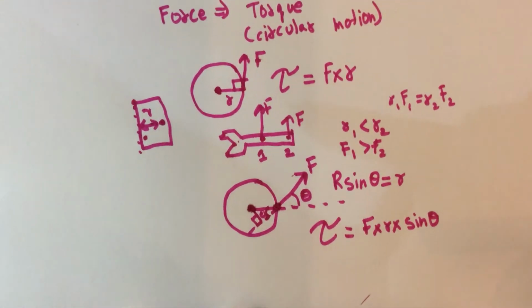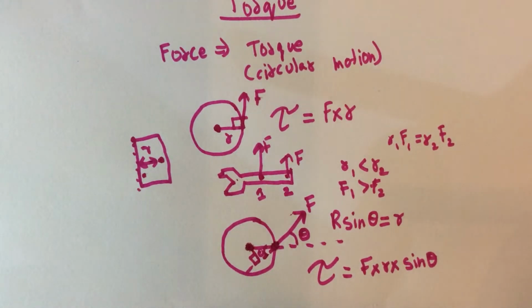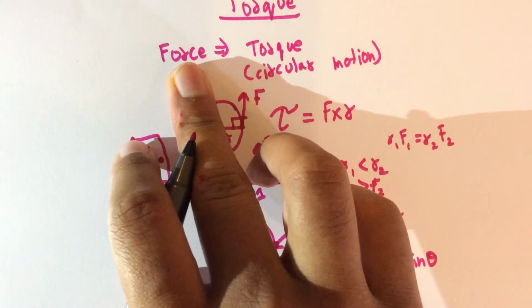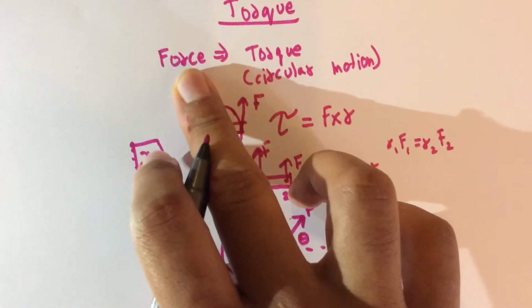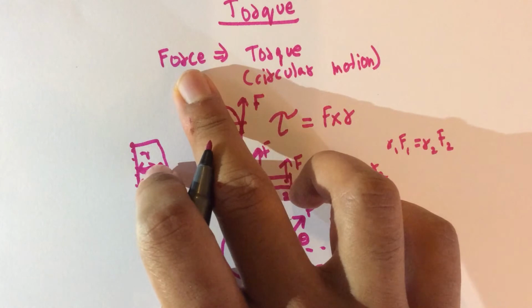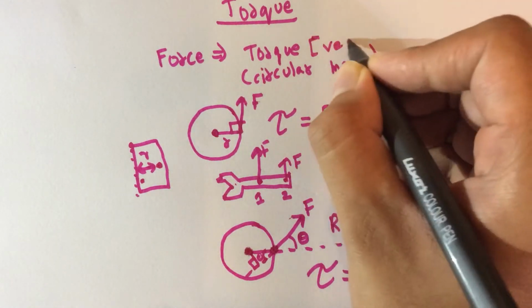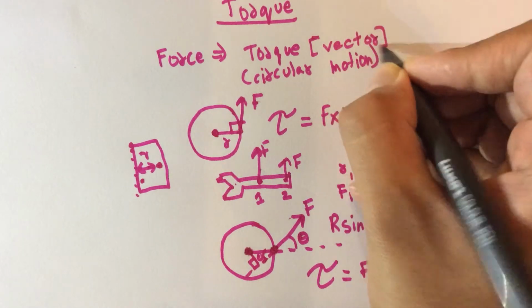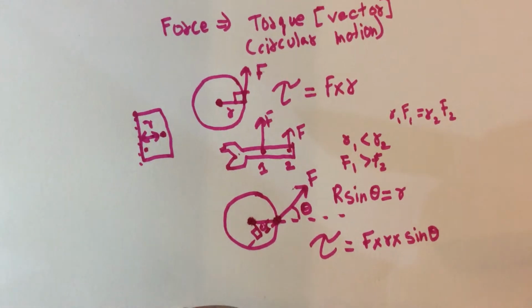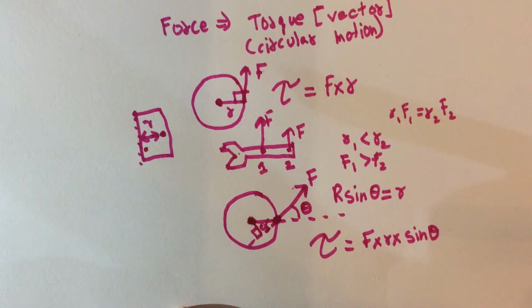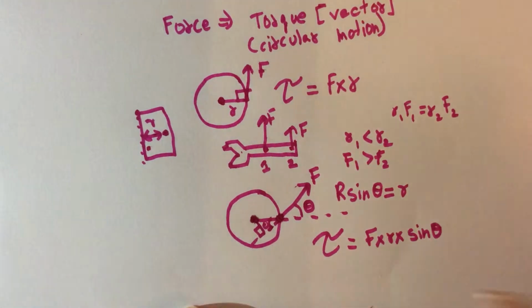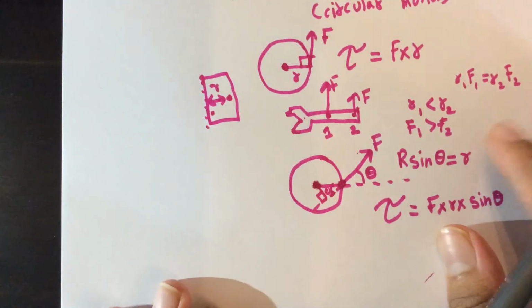But I said earlier that that's not it actually. Torque is the equivalent of force, and force is a vector. That is the exact same reason why torque is a vector as well. You'll see many videos where people tell you that to find the direction of torque, you use the right hand rule.